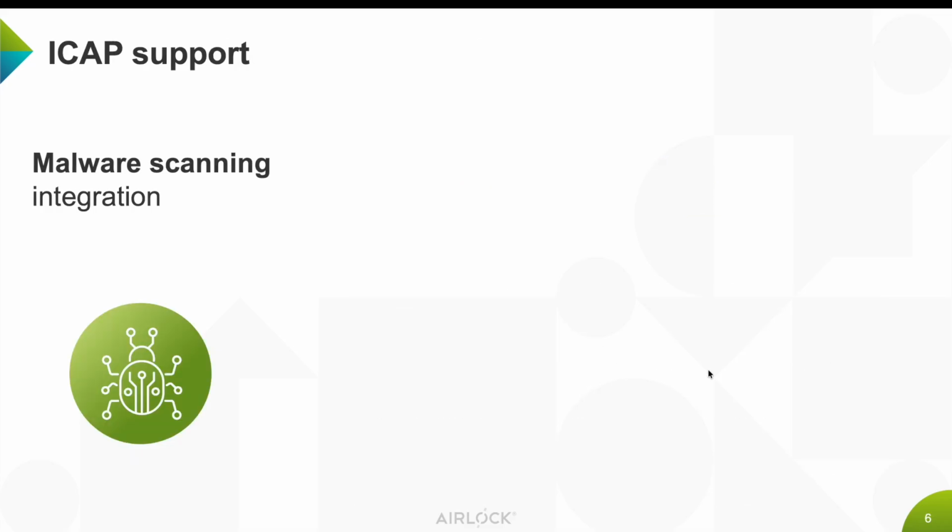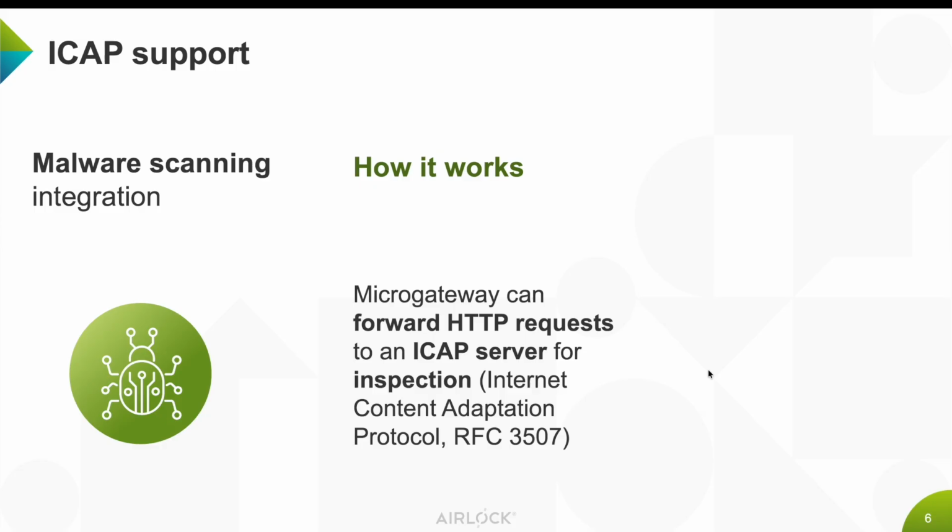Malware didn't disappear just because we moved to containers in Kubernetes. Users still upload documents, archives, and binaries, and that's a very common entry point for threats. That's why Microgateway now supports ICAP, the standard protocol for handing HTTP request content to an external service for processing.